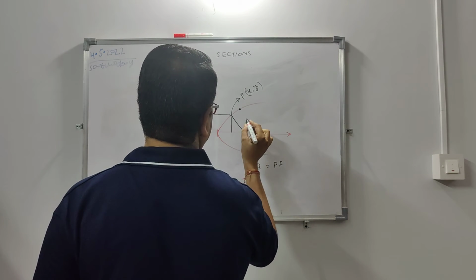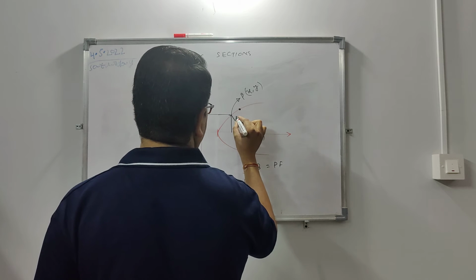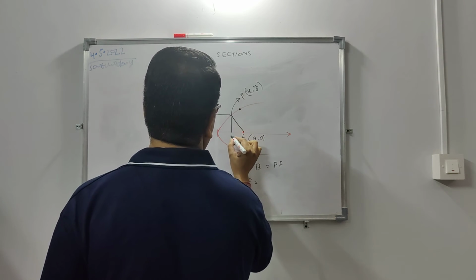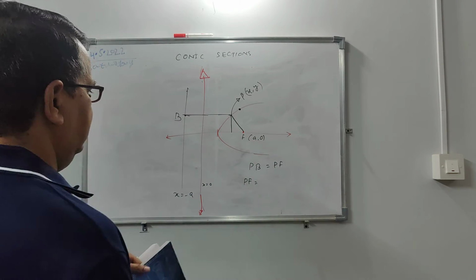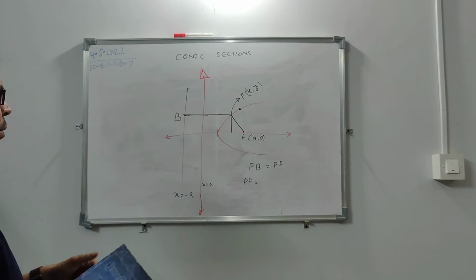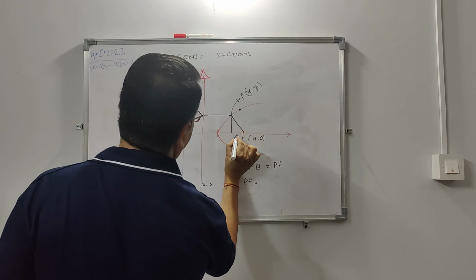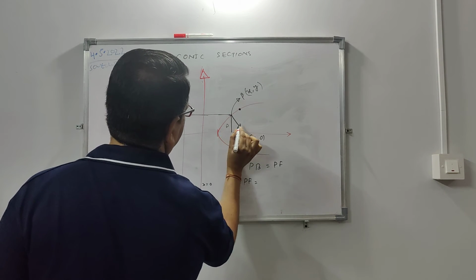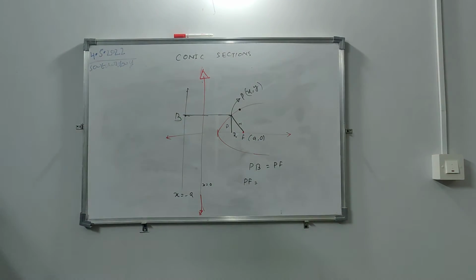Let us say this is the base, this is the perpendicular, and that is the hypotenuse.